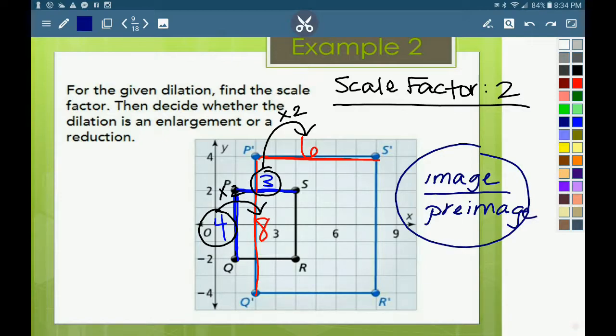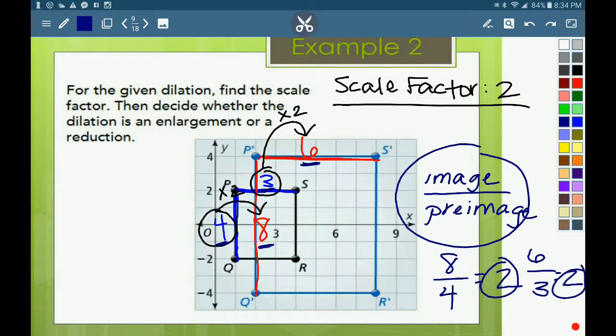If I were to take 8, which is the image side length, and divide it by the pre-image side length, which is 4, 8 divided by 4 is 2. Same thing with the image length of 6 divided by the pre-image length of 3 equals 2. So my scale factor here is 2.